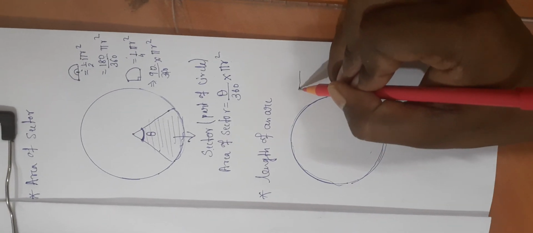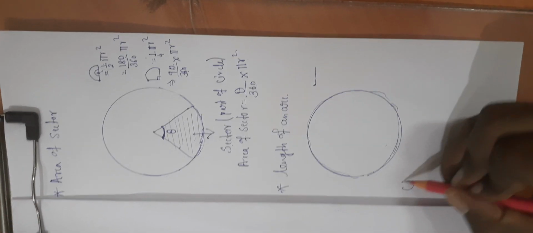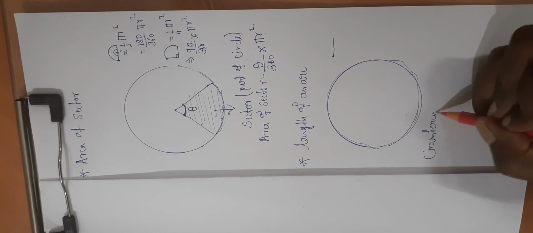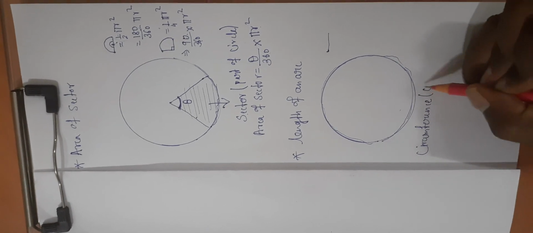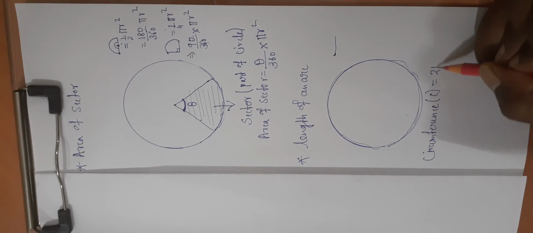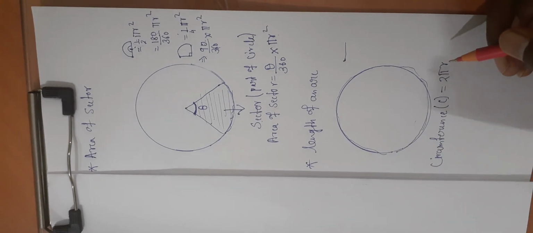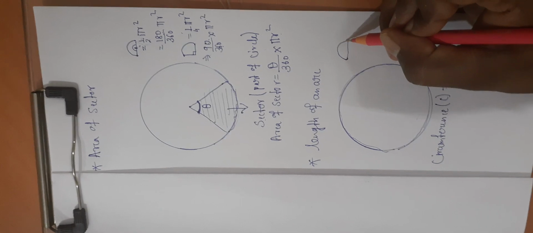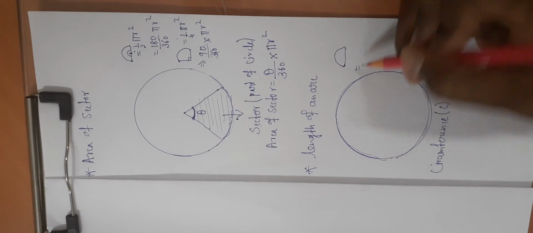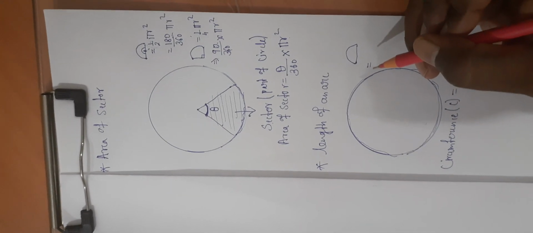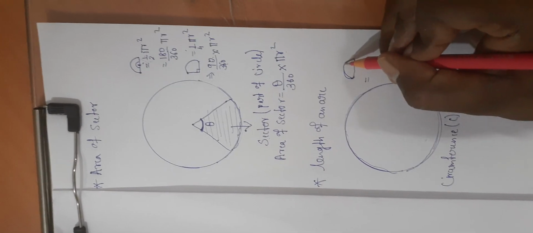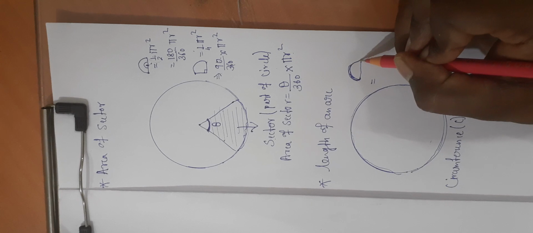When you have this portion, we know that the circumference is 2 pi r. If I take the example of a semicircle for length of arc, I'm talking about circumference, not perimeter. So when I say circumference, that means only this portion from here to here.